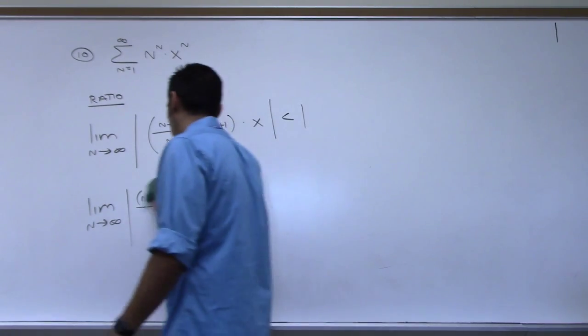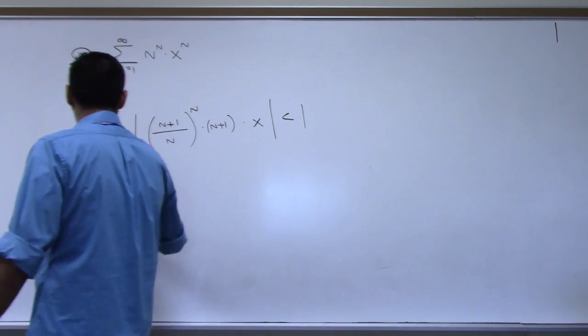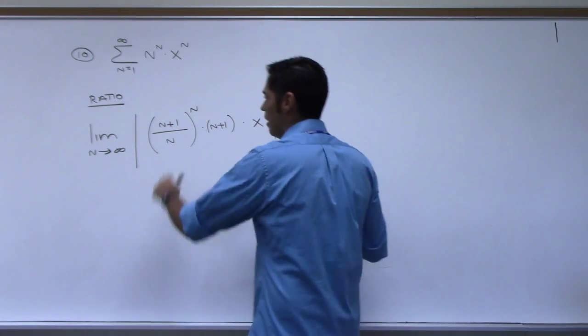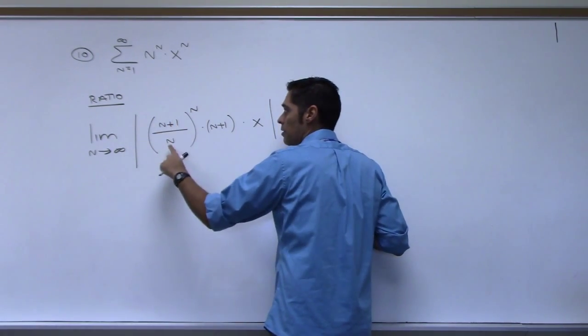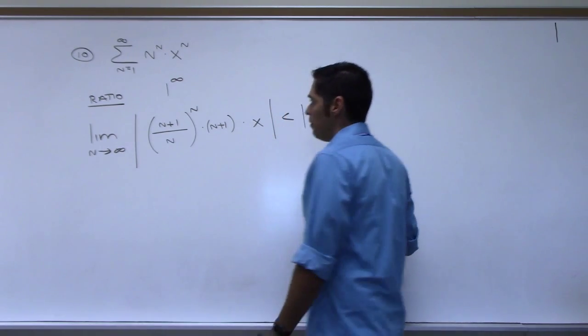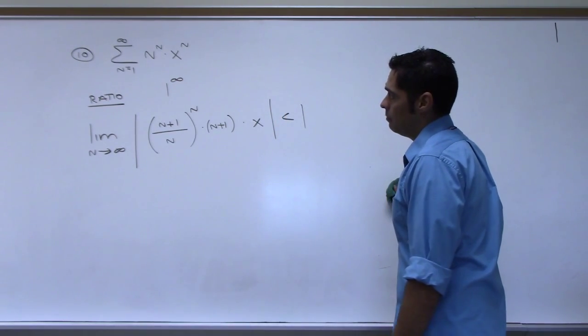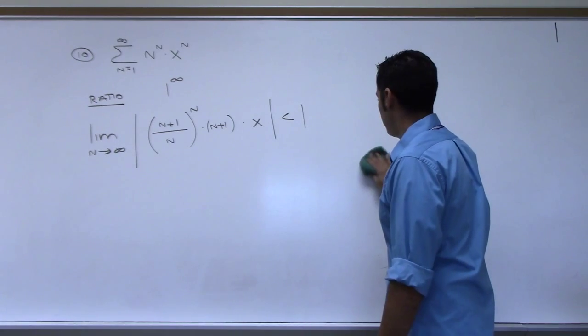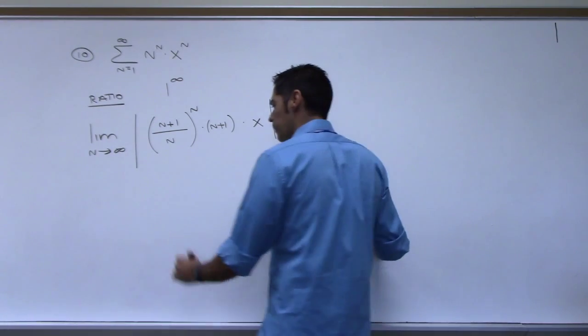And now what I want to know is what happens as n goes to infinity. Well, if n goes to infinity, I know in here with L'Hopital I get a 1, so this is approaching 1, and this is approaching infinity, and we saw before that's a problem. We have to figure that out. So I'm going to have to figure that out on the side here.